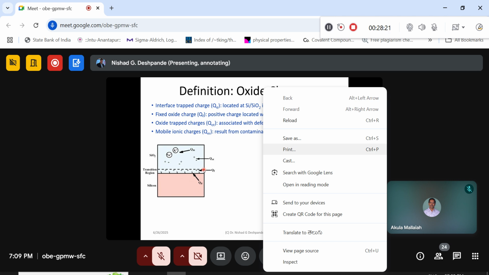Earlier we used to get only the spectrum of it. Now we are using COMSOL and different kinds of software. One can also simulate this whole region to understand the capacitance that is developed throughout the thickness.